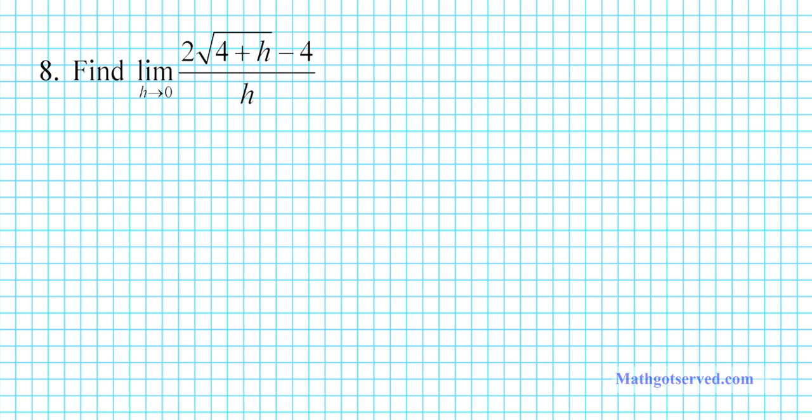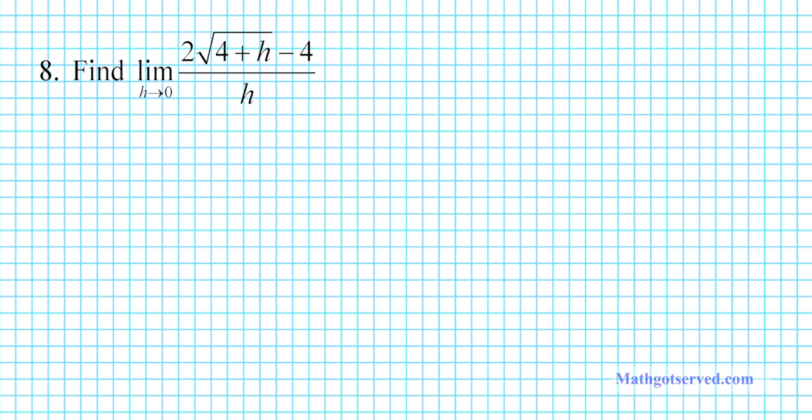Let's take a look at question number 8. We are to find the limit as h approaches 0 of 2 times the square root of 4 plus h, minus 4, over h. If you closely examine this limit, it looks very much like the limit definition of a derivative.